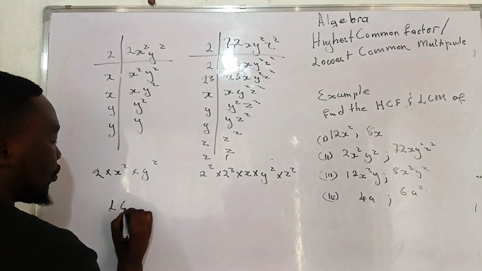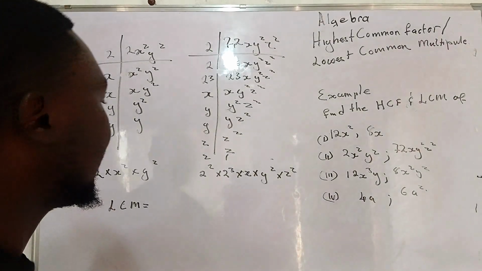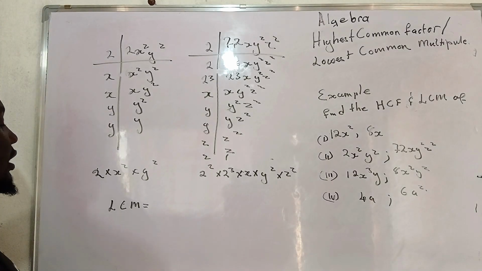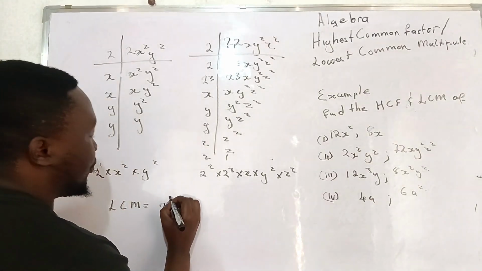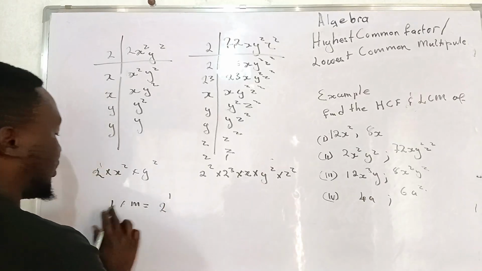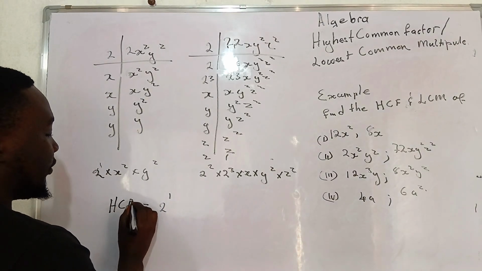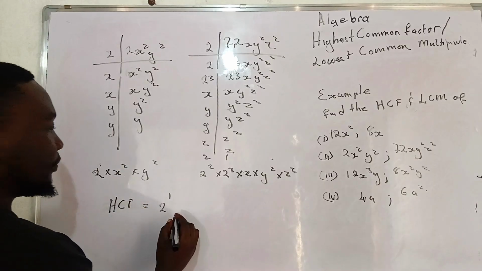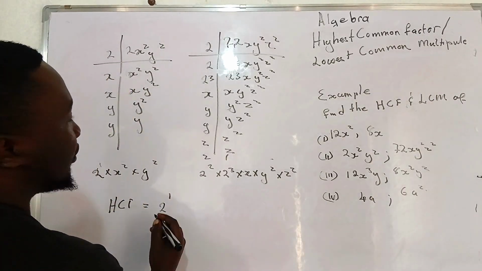So the highest common factor is given by, let's take the common base. Common base is 2 to the power 1.